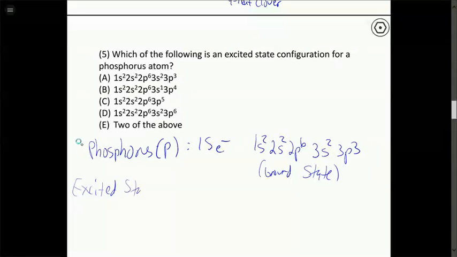An excited state is where we take one or more of these electrons from the ground state and we bump it up to a higher energy orbital that's not filled already. So we're going to move one or more electrons to a higher energy orbital.